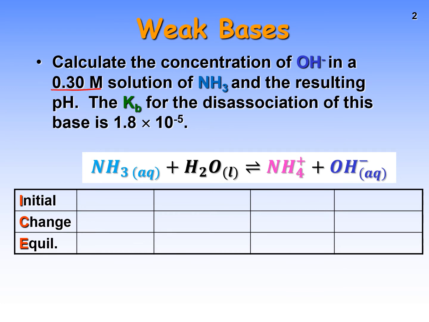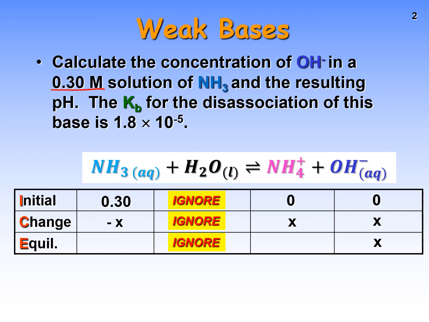We know we have 0.3 molar NH3 according to the problem. We don't care about H2O because it's a pure liquid. We initially don't have any products present, and we can fill in our change as per usual: plus x on the product side, minus x on the reactant side. Our equilibrium row is just the sum of initial and change, and we get all this.